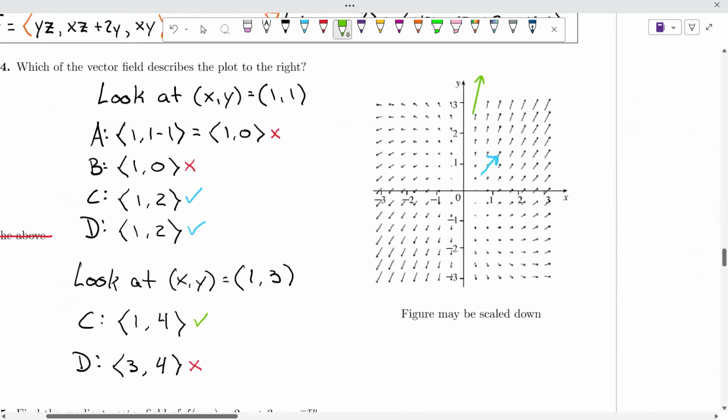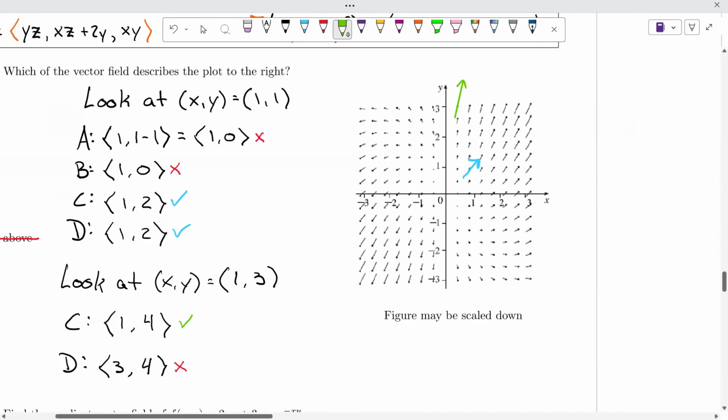Now, a couple of other things worth pointing out, because you can maybe let your eyes go a little fuzzy and notice a few patterns about the field without having to check individual points. One thing I might notice is an interesting shape happening along this line right here.